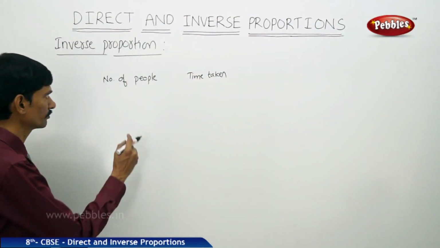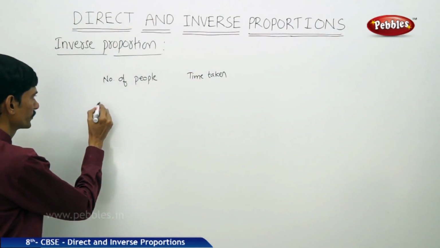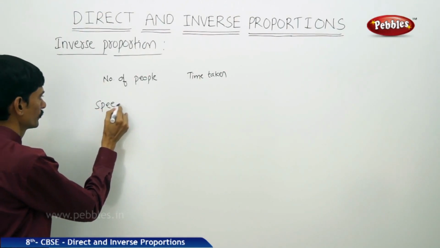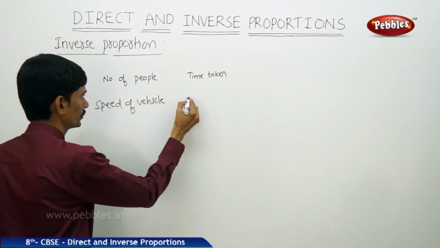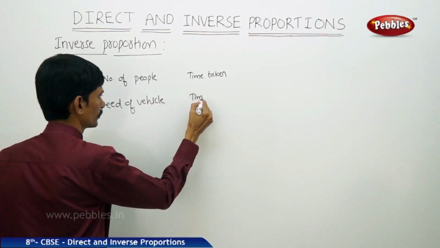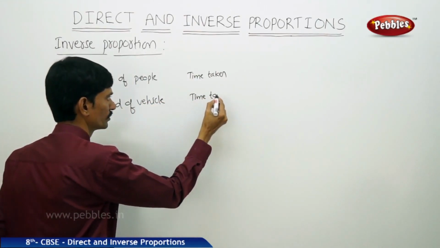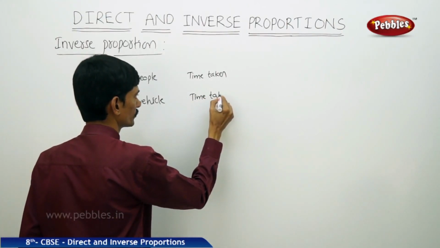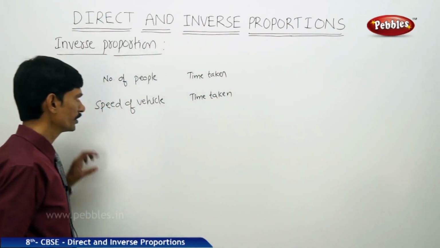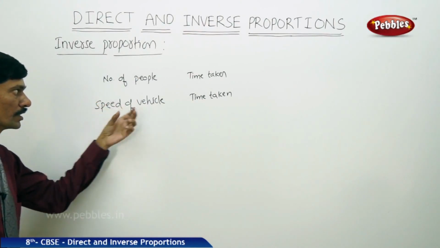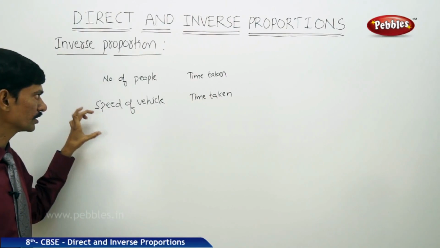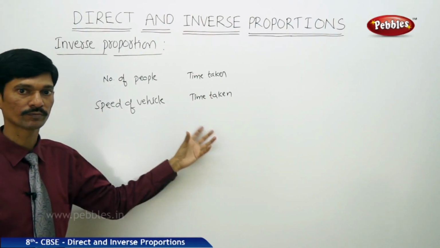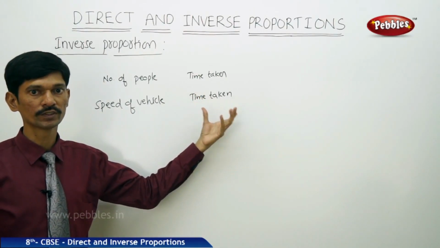Now let us take another example to understand this: the speed of the vehicle and the time taken to cover the same distance. If you increase the speed of the vehicle, it will take less time to cover the distance. If you decrease the speed, it will take more time to cover the same distance.